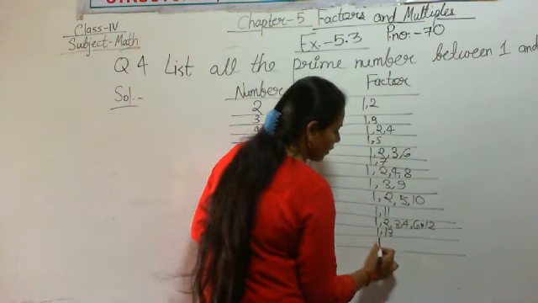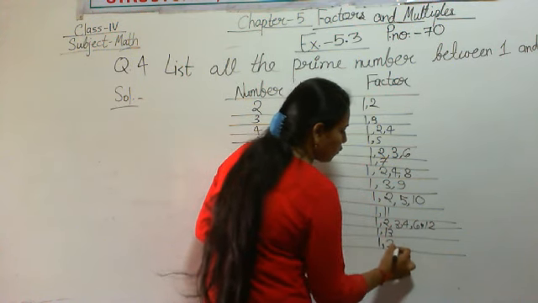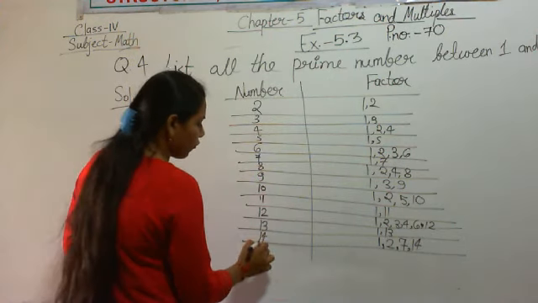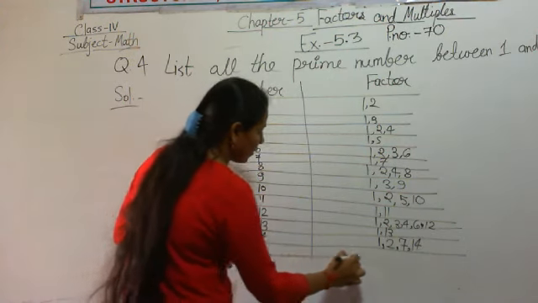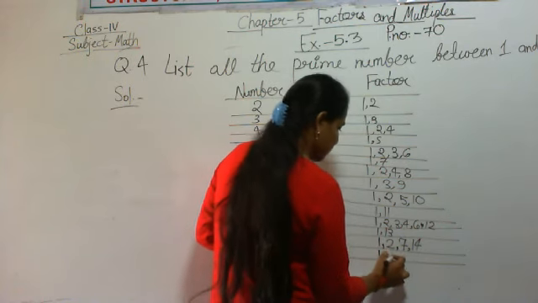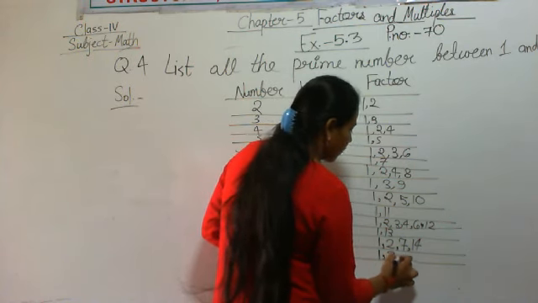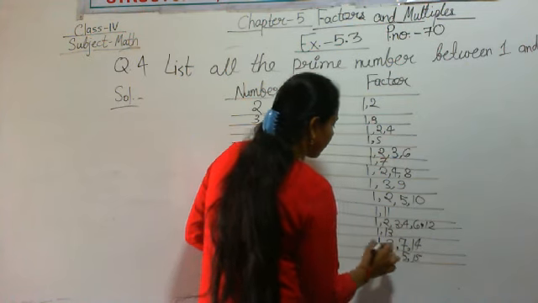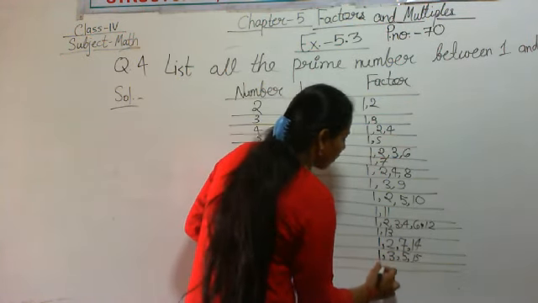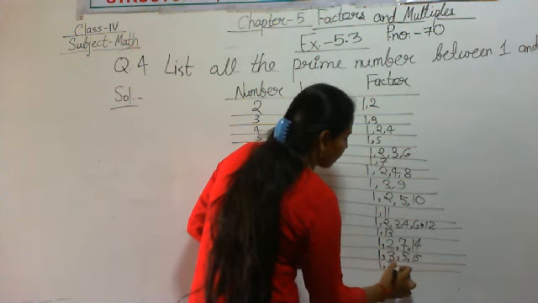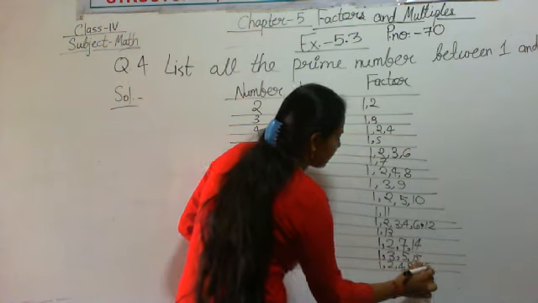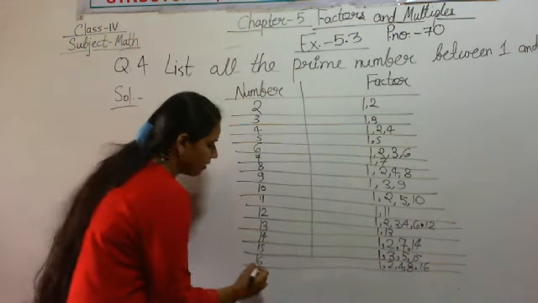So I am writing the factors 1, 2, 7 and 14 are the factors for number 14. 15. Next number. So factors are 1, 3, 5 and 15. Now 16. Factors are 1, 2, 4, 8 and 16. These are the factors for number 16.